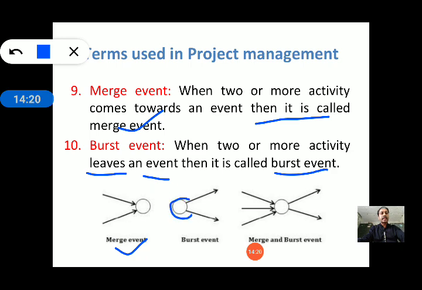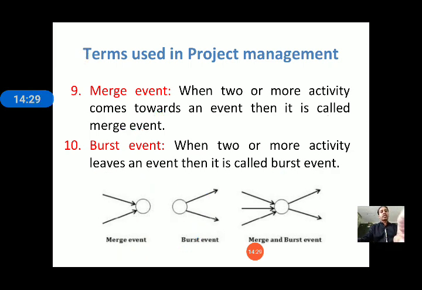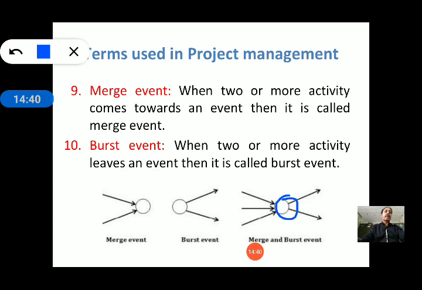Here this is an event, and these are the two activities which leave the event. That's why it is called a burst event. And another case is merge and burst event, where two or more activities come towards an event and some activities also leave the event.